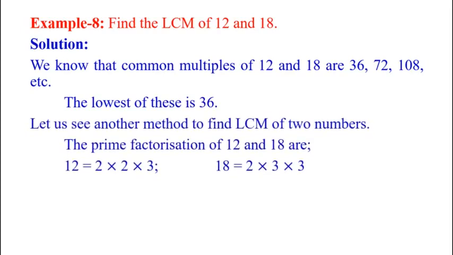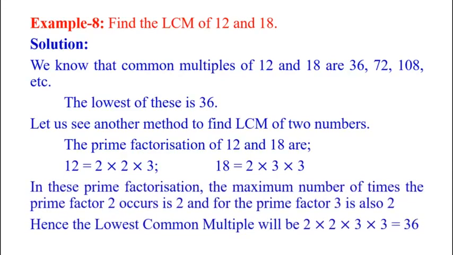Let us see another method to find the LCM of two numbers 12 and 18. The prime factorization of 12 is 2 into 2 into 3 and the prime factorization of 18 is 2 into 3 into 3. In this prime factorization, the maximum number of times the prime factor 2 occurs is 2, and for the prime factor 3 it is also 2.